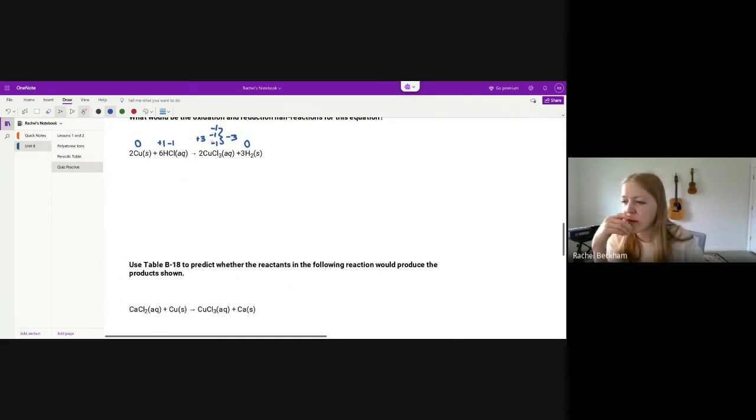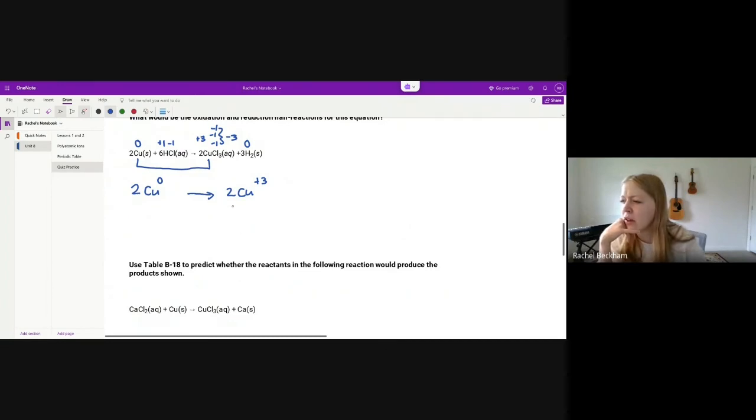So now we have to figure out which one is being oxidized. Which one is losing electrons and becoming more positive? Well, I can see that the copper is becoming more positive. So I'm going to write down exactly what I see here, but I only want the copper aspect of it. And I'm also going to write down the charge that it has here and the charge that it had here.